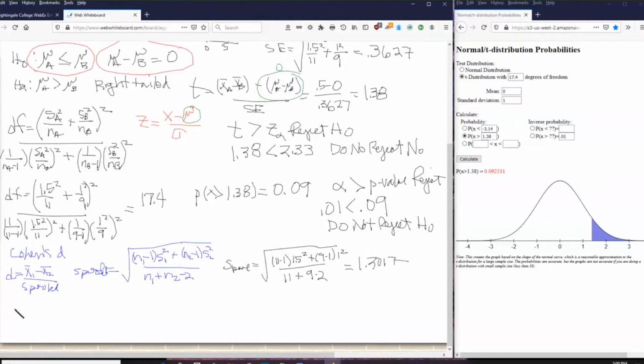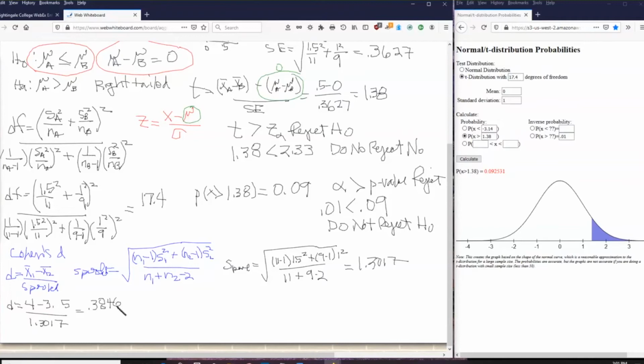So then when I go to solve for D, I'm going to take the difference in the means. So that's going to be 4 minus 3.5 divided by this 1.3017, which is the same as 0.5 divided by 1.3. And that's going to give me 0.3846.